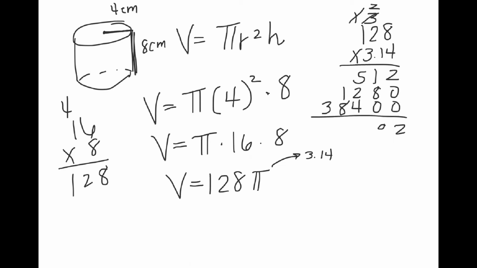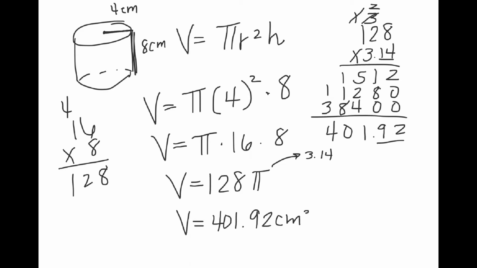We add these up. 2 numbers behind the decimal point. So this becomes 401.92 centimeters cubed. This should have been centimeters cubed as well.